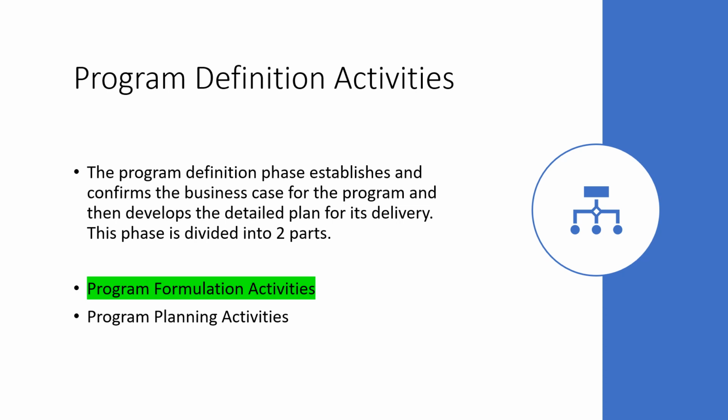When we discussed program definition activities, that is where the business case and the program charter are developed. Program definition activities have two parts: program formulation activities and program planning activities. So today we're going to focus on program formulation activities.